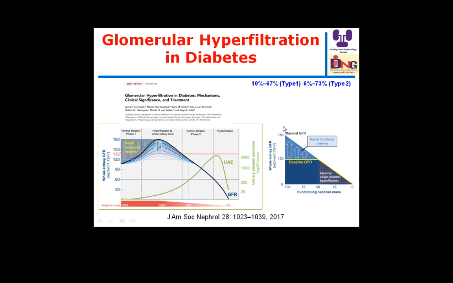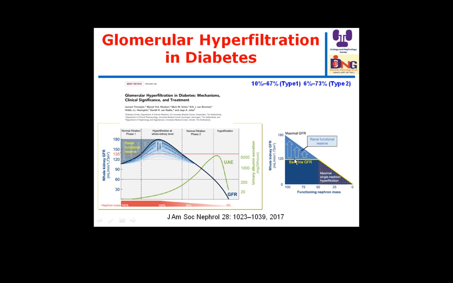So this is hyperfiltration, using the maximum renal functional reserve. Hyperfiltration is present within this range: from 10% to 67% in type 1 diabetes, and from 6 to 73% in type 2 diabetes. After a period of time, the functional reserve of the kidney declines.